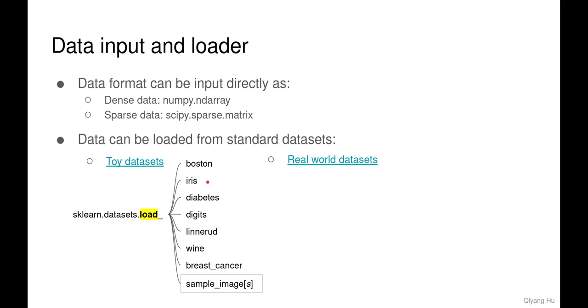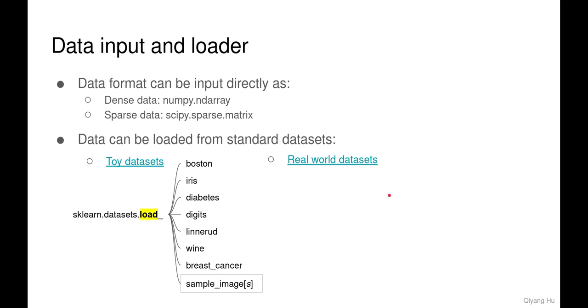This is perhaps the best known database to be found in the pattern recognition literature. The dataset contains only 3 classes of 50 instances each, so you can imagine that the data size is pretty small. You can simply type sklearn.datasets.load_ with the name that I listed here to get the data.